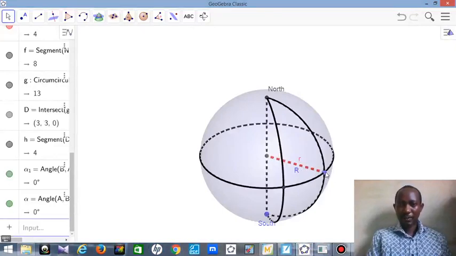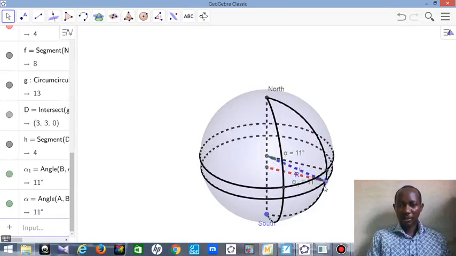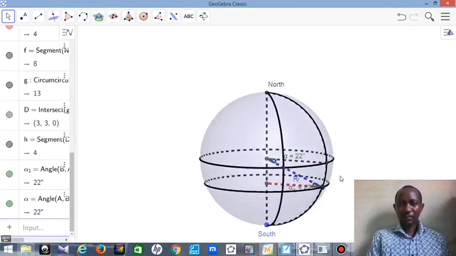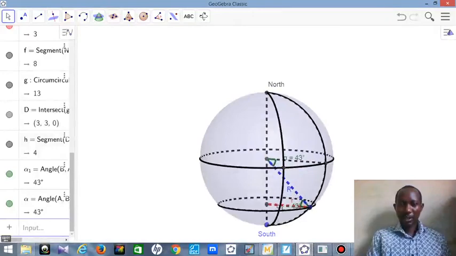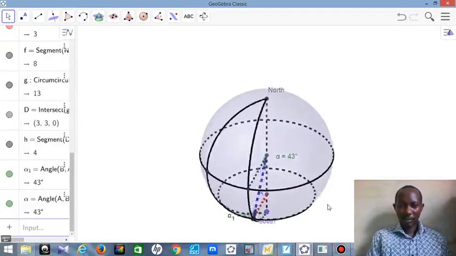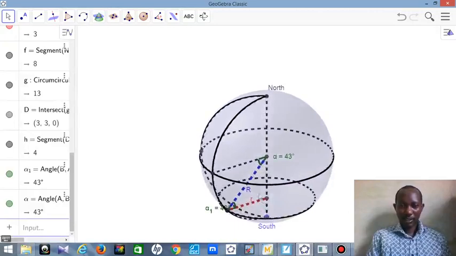So I can also move it down to the south. When you come down to the south here, let me put it on this side. You can see the radius of the earth, this capital R, the blue line. You can see the radius of the parallel of latitude.